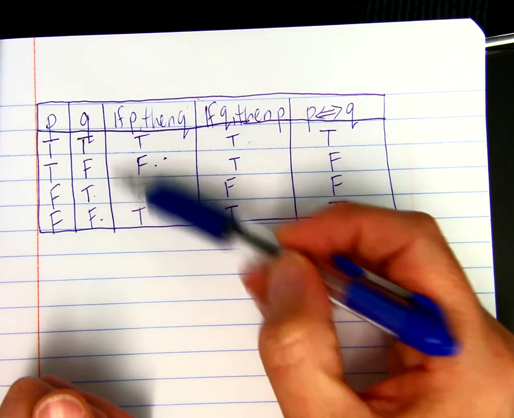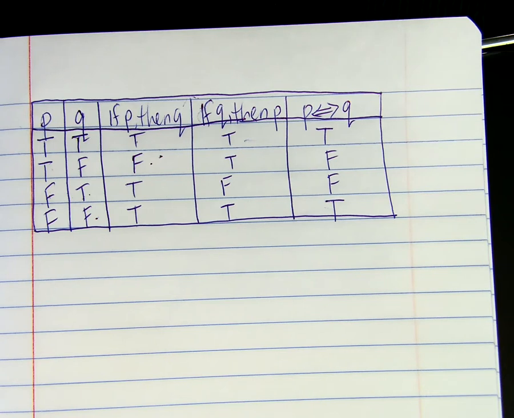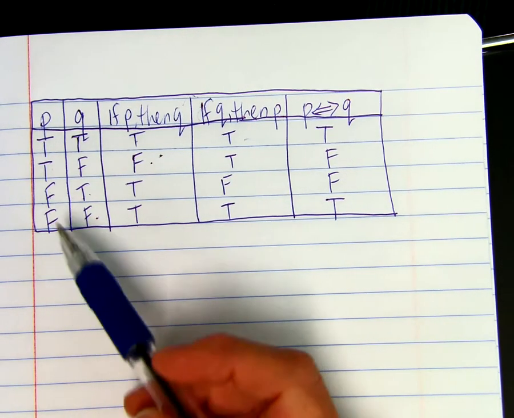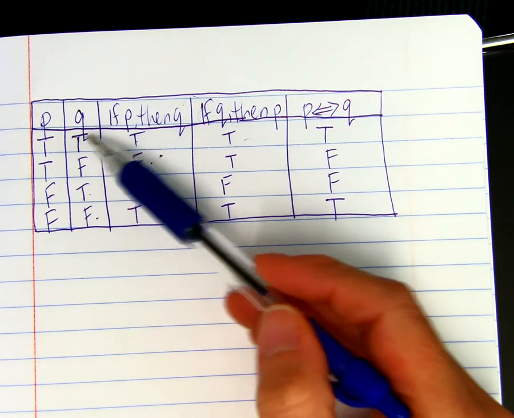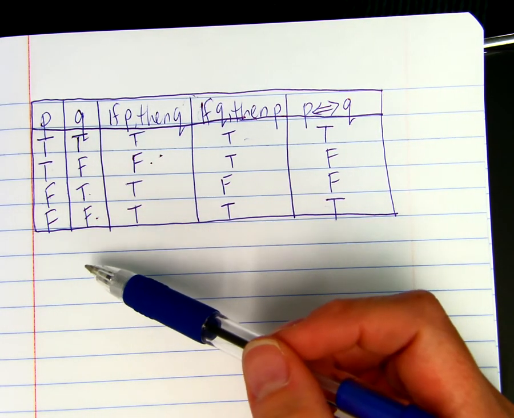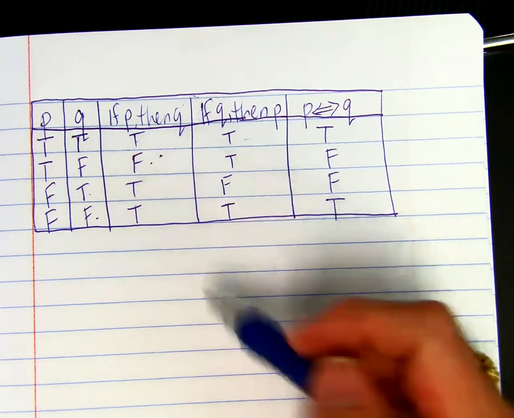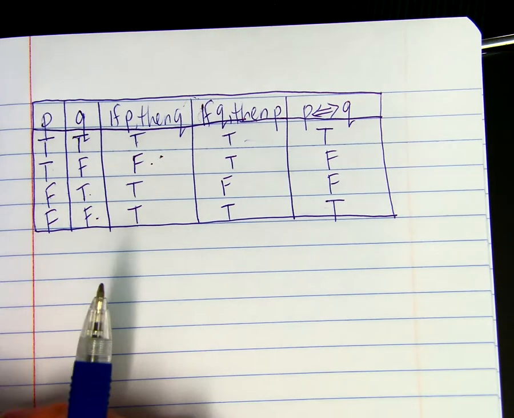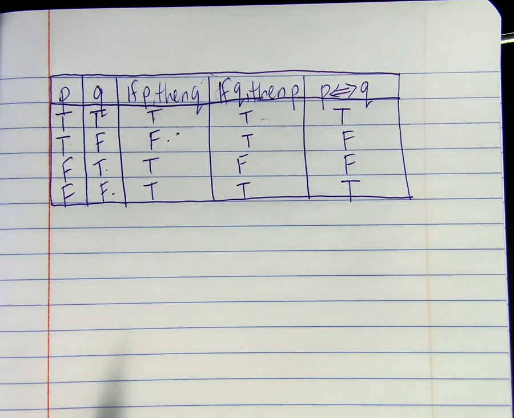Actually, maybe just these two. Sometimes you'll have a not P and a not Q. If it's not P, your column will read false, false, true, true. And if it's not Q, it will read false, true, false, true. Sometimes you have those in there to help you with your table. We'll do lots of practice on these.